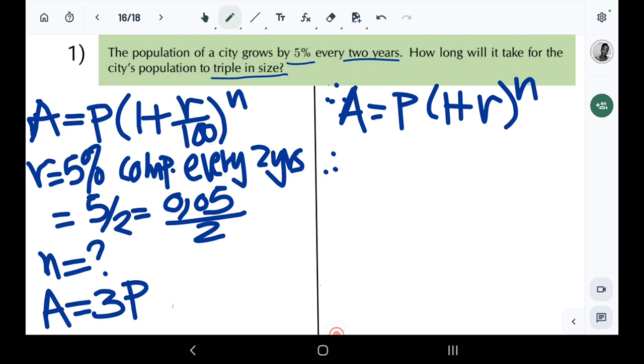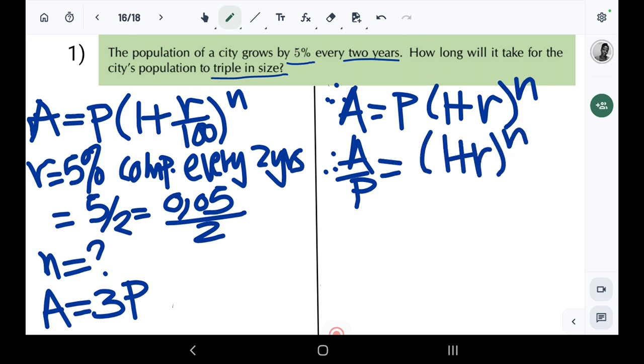All right, therefore, now what we do is we make N the subject of the formula. How do we do that? We first divide both sides by P. So we go A over P equals 1 plus R to the power of N. Notice that you've got a number with a base to the power of an exponent. Yes, now we can change that into logarithmic format.